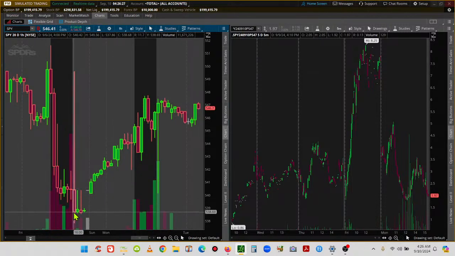It closed below 539. So you could see that this 547 put was worth more because the price was lower, and then after hours this thing went up and it opened higher. And that's the whole concept of the options.